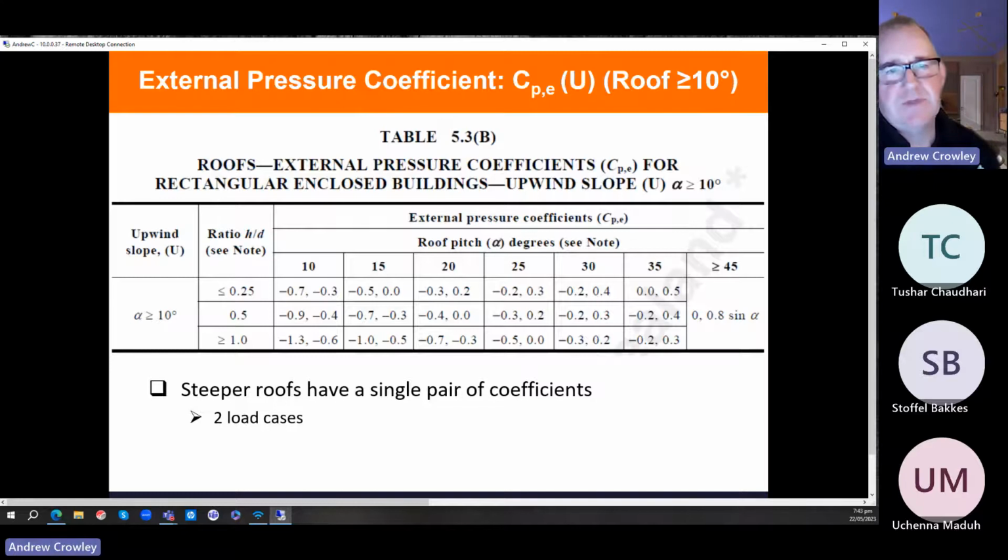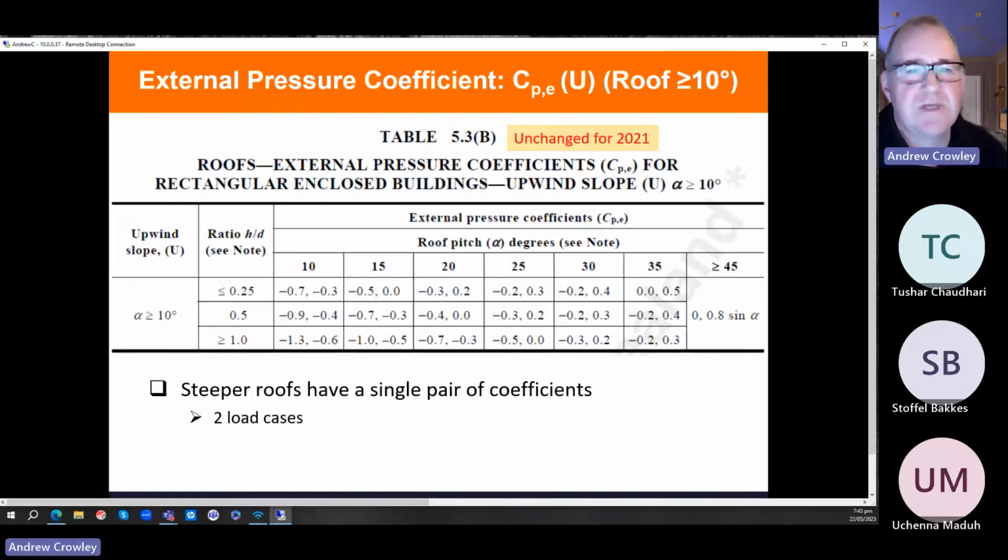You've got a difference between roofs which are bigger than 10 degrees pitch and lower than 10 degrees pitch. So you look at table 5.3b, pick out the roof pitch, and then pick out the values depending on that given in the table. So steeper roofs have a single pair of coefficients, so you only have 2 load cases, whereas shallow roofs don't.